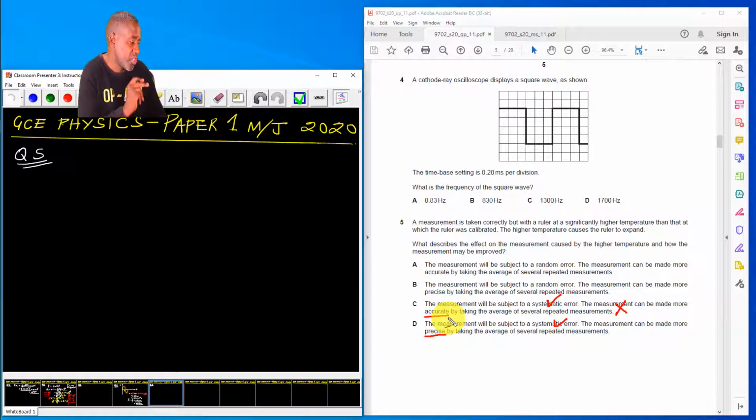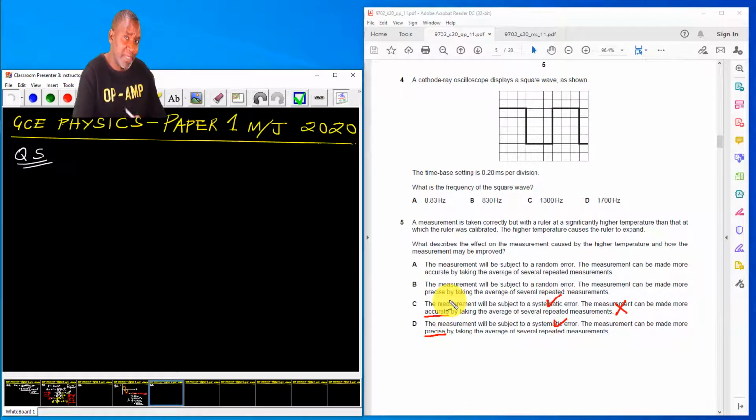Now, precision is about the number of significant figures. Now, we have seen that we cannot improve the precision or reduce that error by repeated measurements and taking an average.